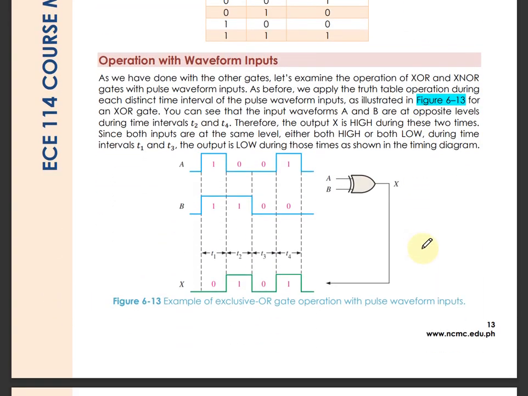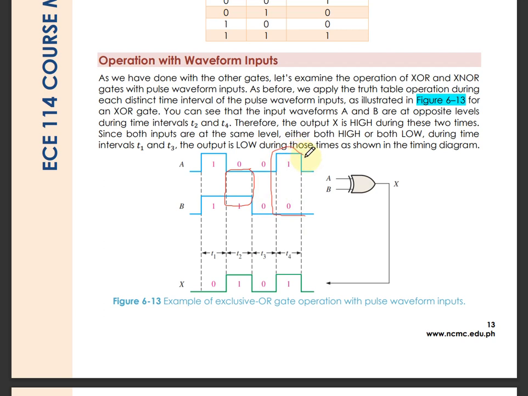So, in terms of the waveforms, kung nakay XOR dere, imo lang timan-an nga ma-high ra siya if opposite ang imong duha ka inputs. For example, kani nakay duha ka inputs, then only kani nga time, time interval 2 and time interval 4 kani.